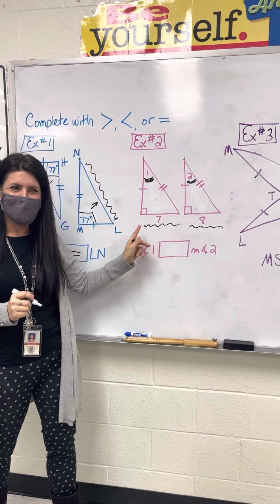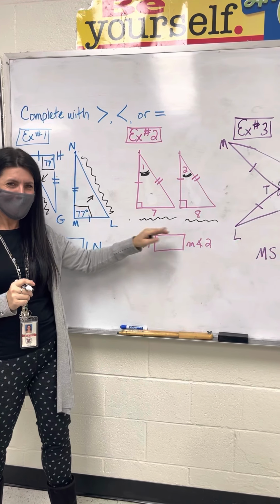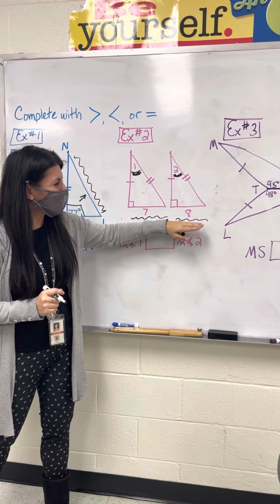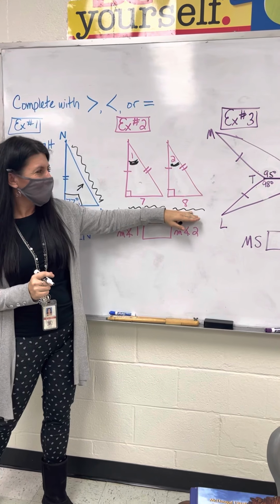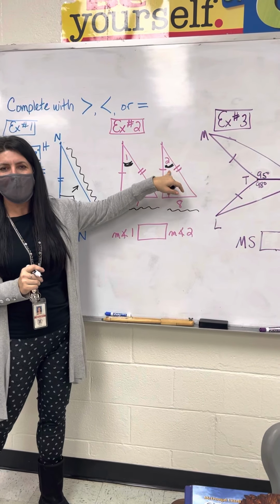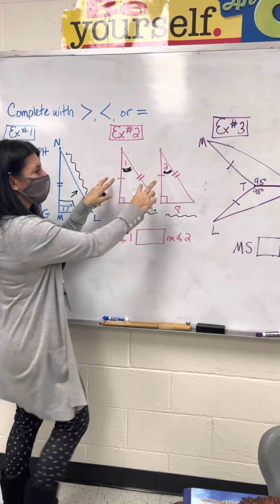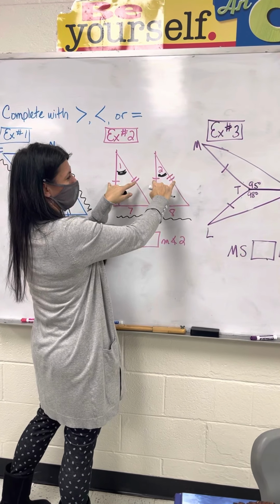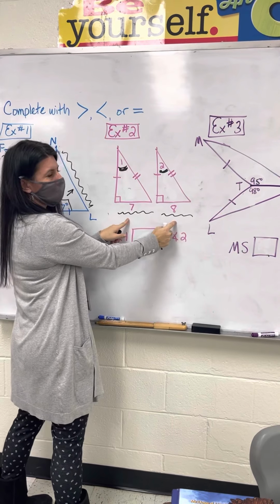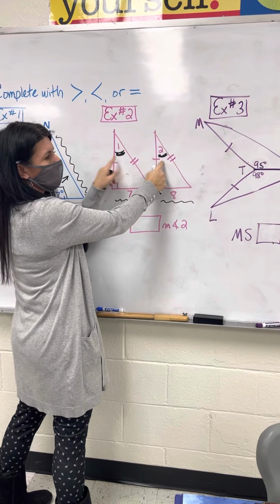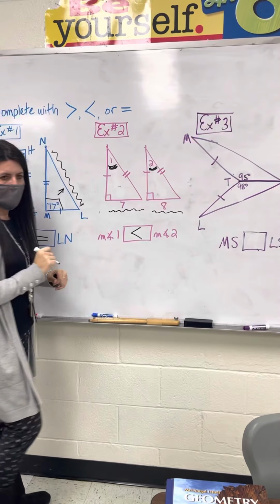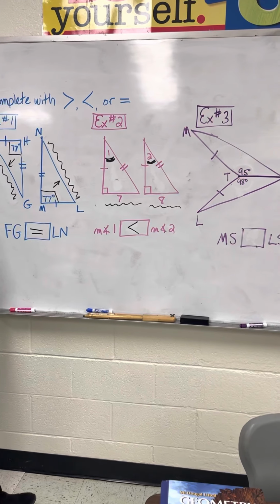The 8 or the 7? The 8. Okay, so since this side is bigger, that means this angle will be bigger. So they have congruent sides, two sets of congruent. This side is bigger than this side, so this angle has to be bigger than this angle. You guys see that? Okay.